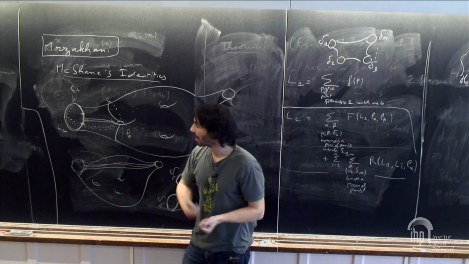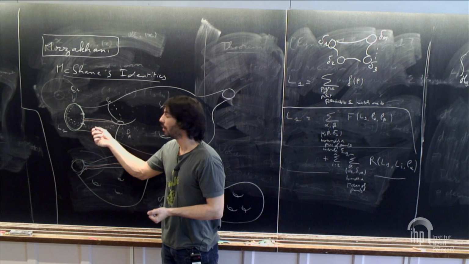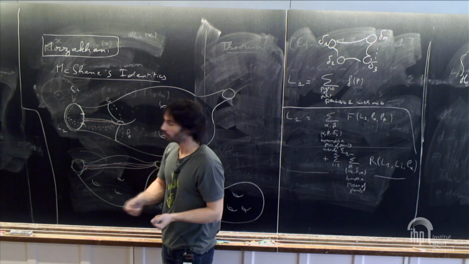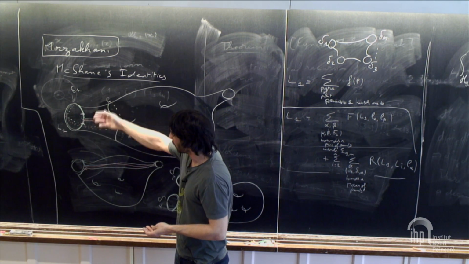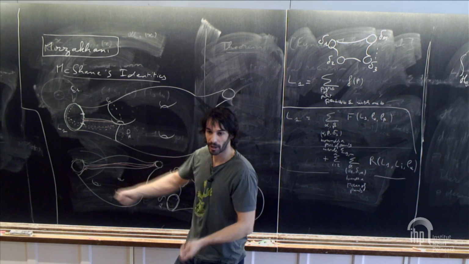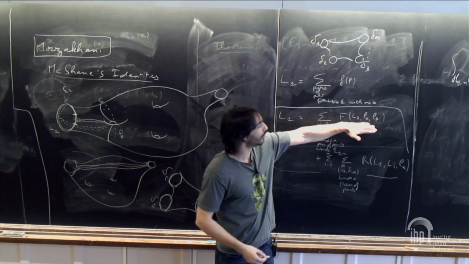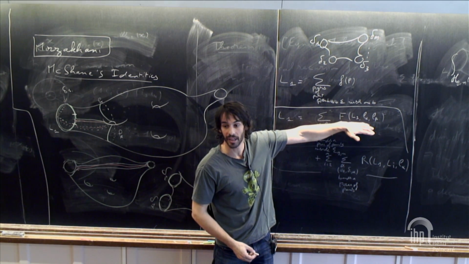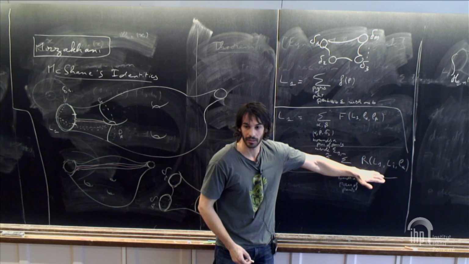Now you need to give a weight to the pair of points that you remove, which would correspond to summing over a set of configurations of pairs of points. And this is given to you by this function f, or R.